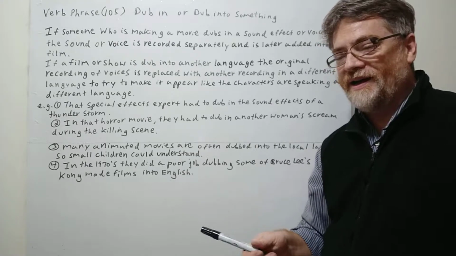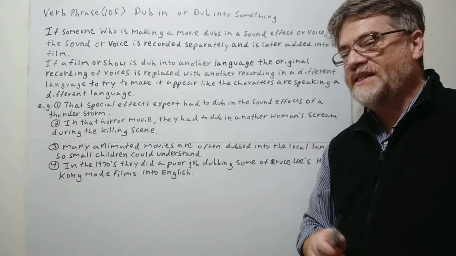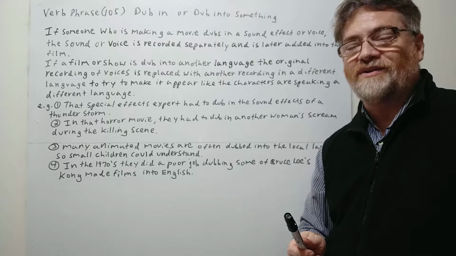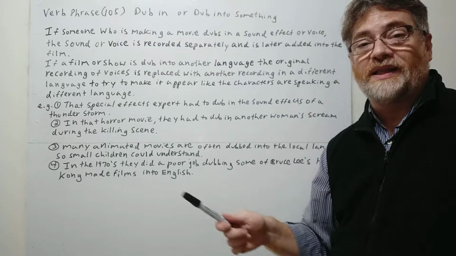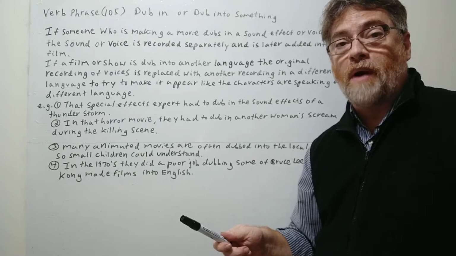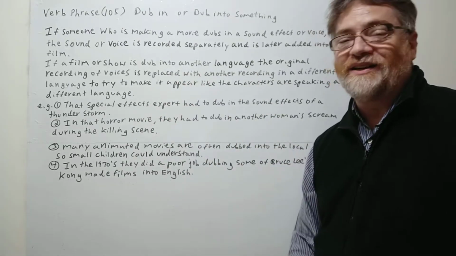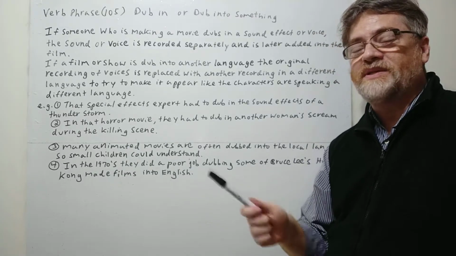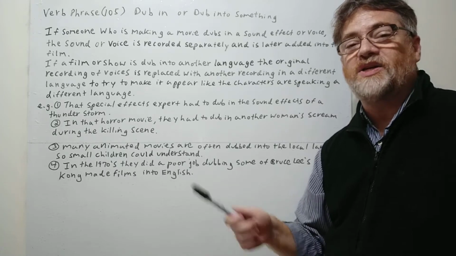Now they're much better when they do this, but some comedians used to joke about it. Sometimes there was even a pause or a delay. You would see somebody's mouth moving, and then several seconds later, you'd hear talking. So we would say they did a poor job dubbing it into English at that time.